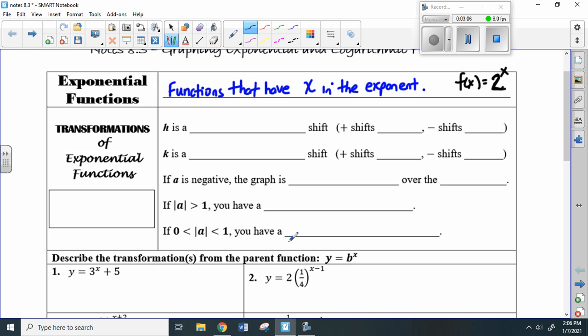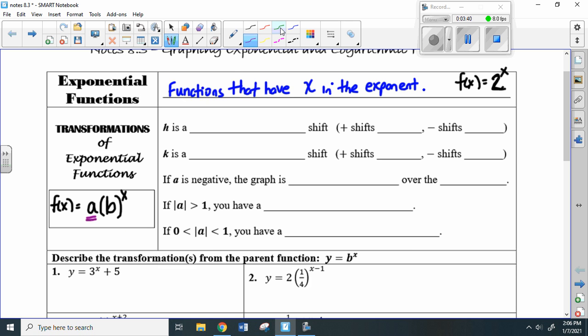The transformations are the other numbers that would be included in this type of equation. So here is what it looks like in its most basic form, and you can do f of x or y equals, doesn't really matter. If it has a number multiplied in front of the piece that's raised to the x, that a right there is a transformation.